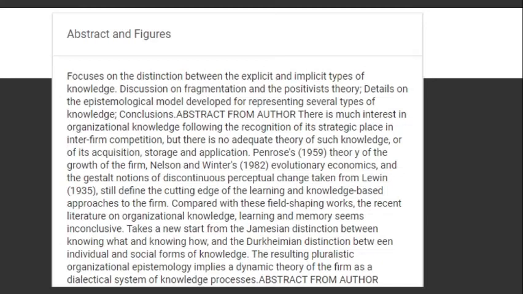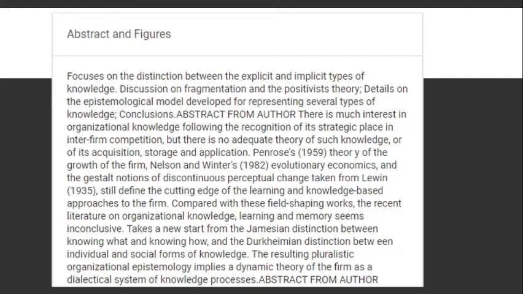Compared with these field-shaping works, the recent literature on organizational knowledge, learning, and memory seems inconclusive. It takes a new start from the Jamesian distinction between knowing what and knowing how, and the Durkheimian distinction between individual and social forms of knowledge.